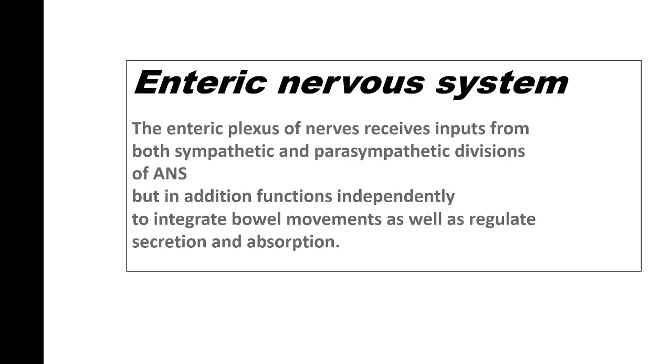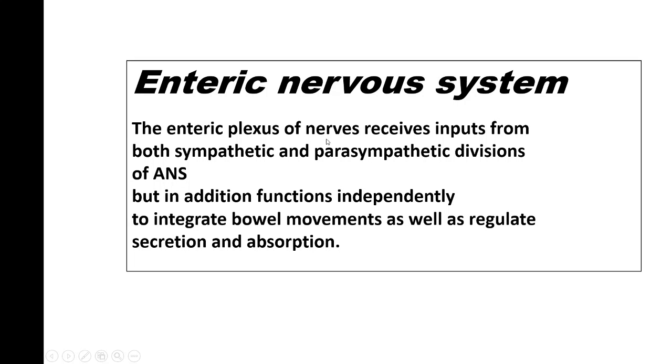In the GIT there is a plexus of nerves which is supplied by both the sympathetic and parasympathetic nervous systems. Plus it has its own reflexes. Ultimately, this enteric nervous system will control GIT movement, peristalsis, plus secretion in the GIT.